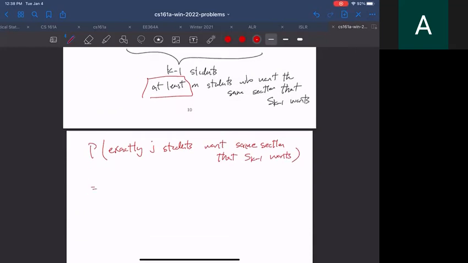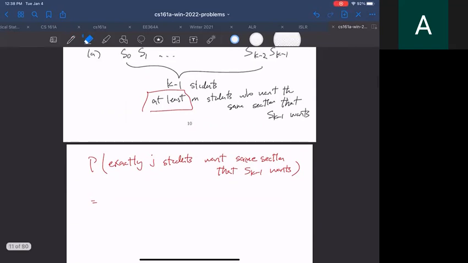Well, we need the students in the front. We need exactly J of them to want the same section that S_{K-1} wants. And we want the other K minus 1 minus J students to not want that section, right? We need exactly J students who want that section, not any more, not any less.